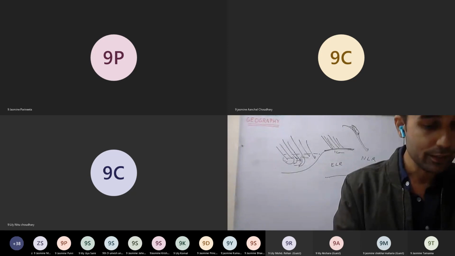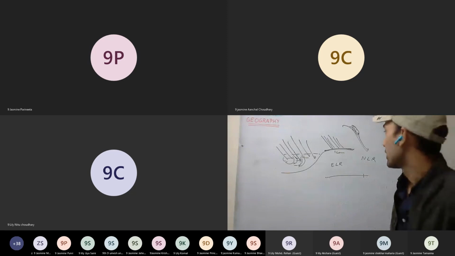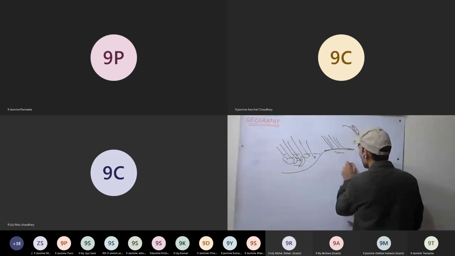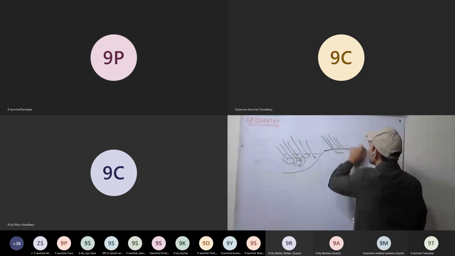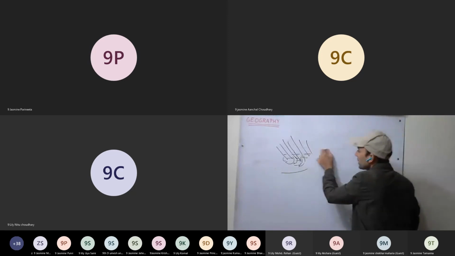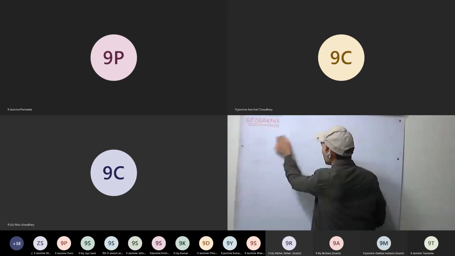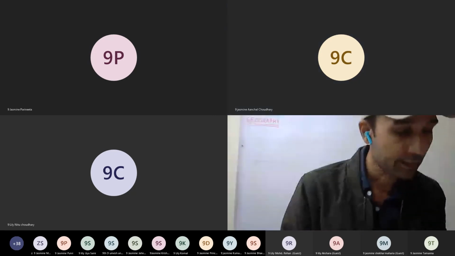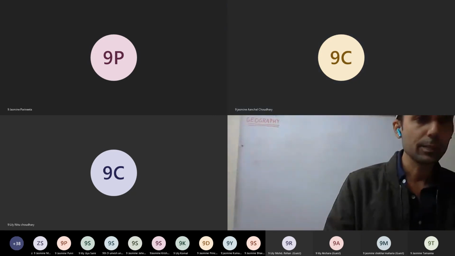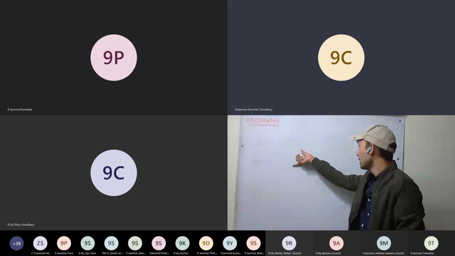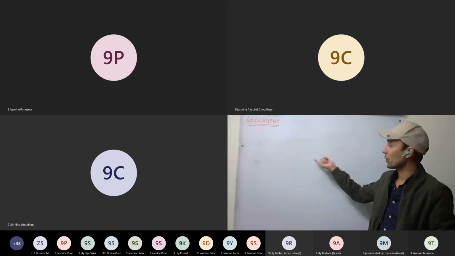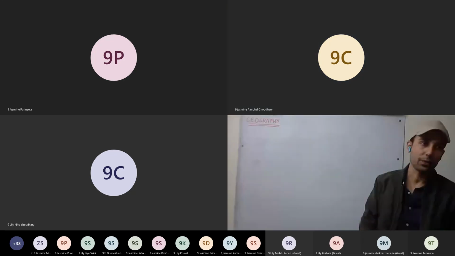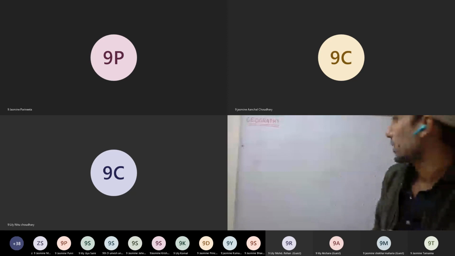Which zone will have higher range of temperature? Why? Three zones we have discussed. The tropical torrid zone, second one temperate, third is the frigid zone. So which zone will have the most insolation and a high range of temperature variation? That is the tropical or torrid zone. This is the high range of temperature.